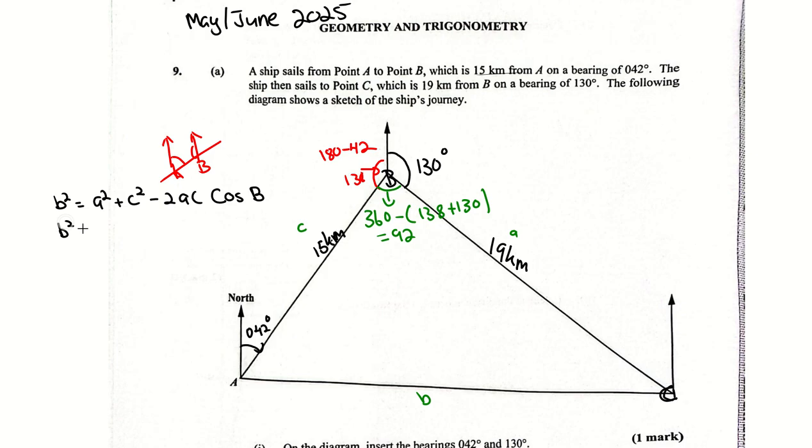We don't know b, it's equal to a squared, so a is 19, so 19 squared plus 15 squared minus 2 by 19 by 15 cos 92.